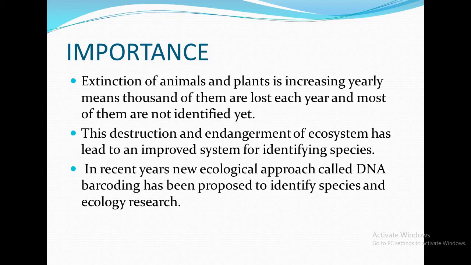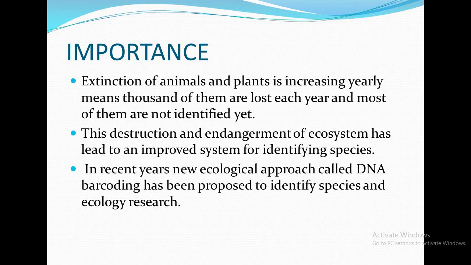Extinction of animals and plants is increasing yearly, which means thousands of them are lost each year, and most of them are not identified yet. This destruction and endangerment of ecosystems has led to an improved system for identifying species.